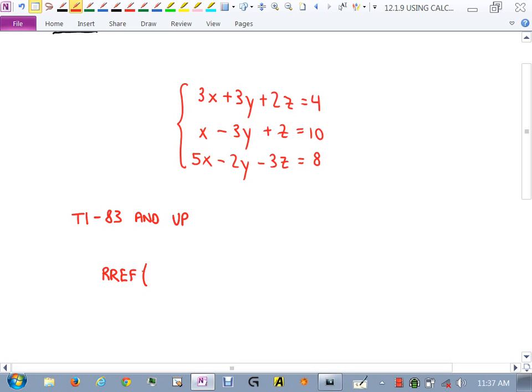Does that make sense? Echelon form is that diagonal form, and row reduced means it's going to try and get it as cleaned up as possible. Now you have to be careful because there's another one. It's not RREF, it's REF, and that's just reduced echelon form, not reduced row echelon form. They're slightly different.